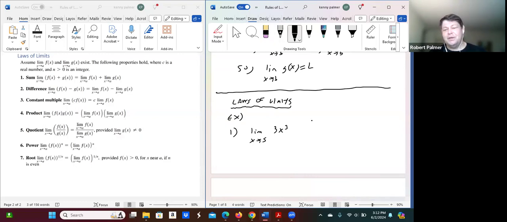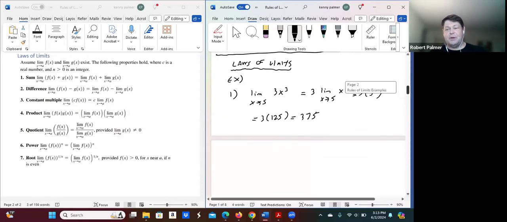So I can take the limit inside and move the constant out front. That's going to be 3 times the limit as x goes to 5 of x cubed. And x cubed is just a polynomial. So this is going to be 3 times, just plug in 5 cubed. 5 cubed is 125. So 3 times 125, and that's going to be 375.